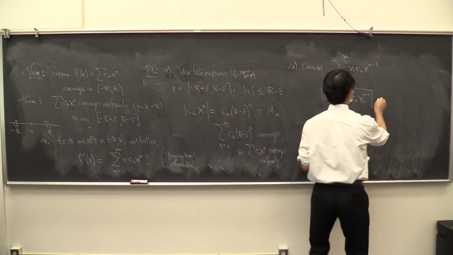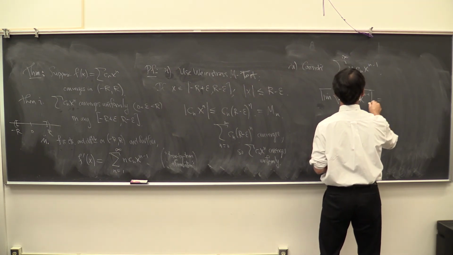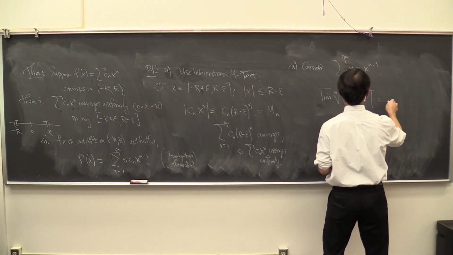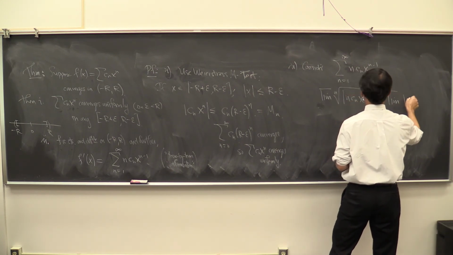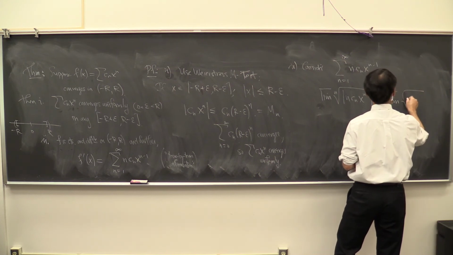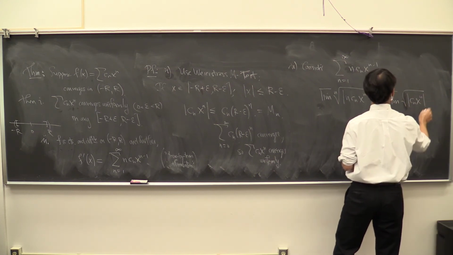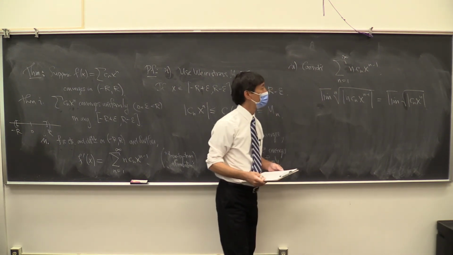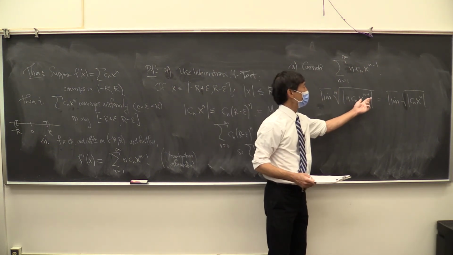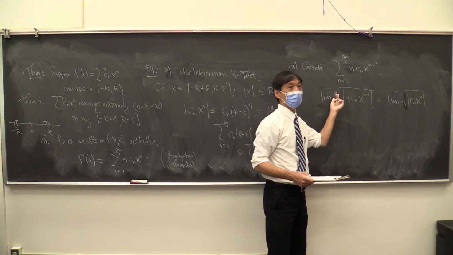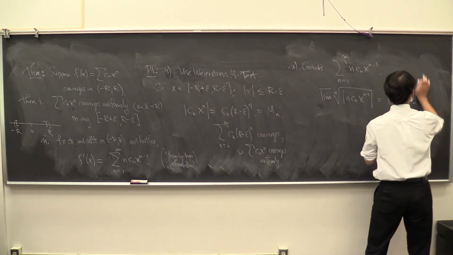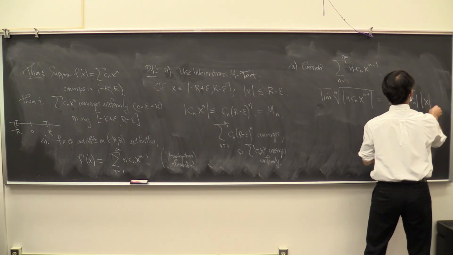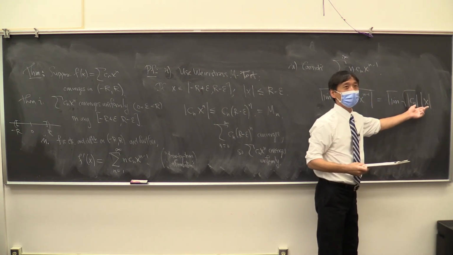But you see that that's going to be the same thing as the lim sup of the nth root of c sub n x to the n, because you're taking x to the n minus 1 over n, and n goes to infinity. So this basically turns into just the absolute value of x.